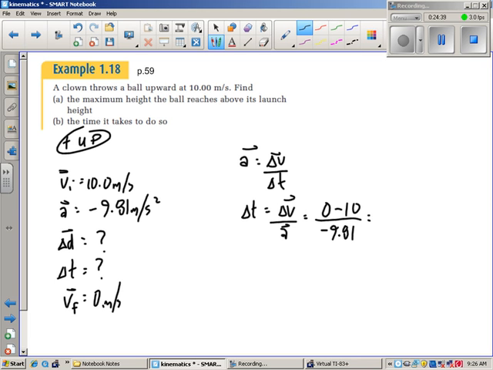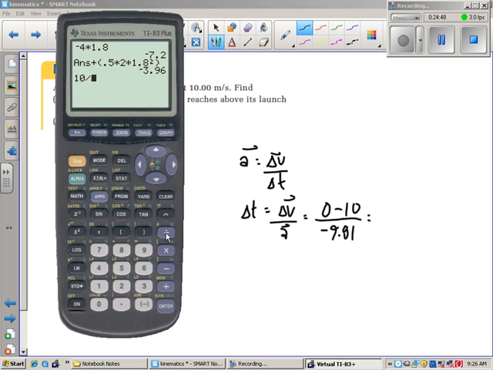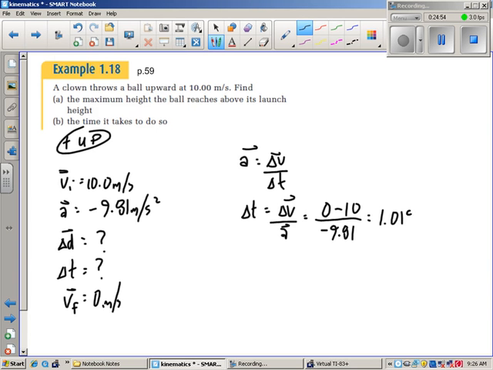Negative 10 over negative 9.81. 1.0194, which, let's round that to 3 digits, 1.02 seconds. Look back at our original data. We've got 4 digits here. We've got 3 digits right here. Final answer should have 3 digits.